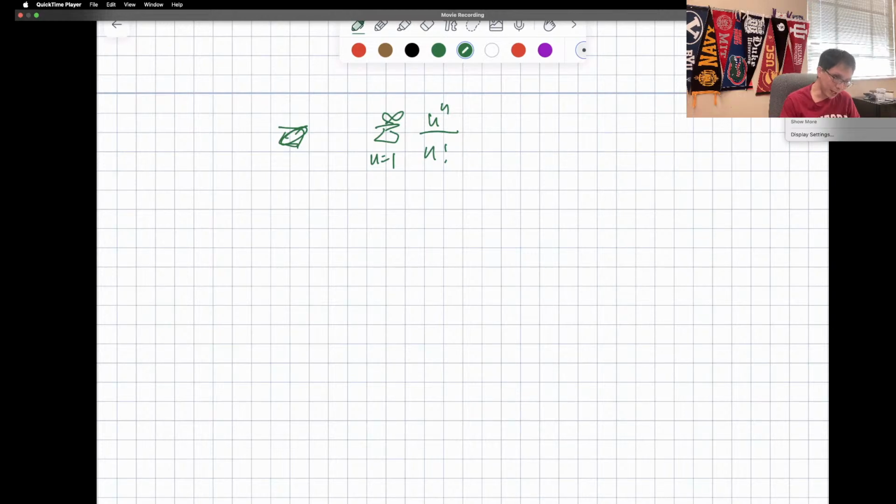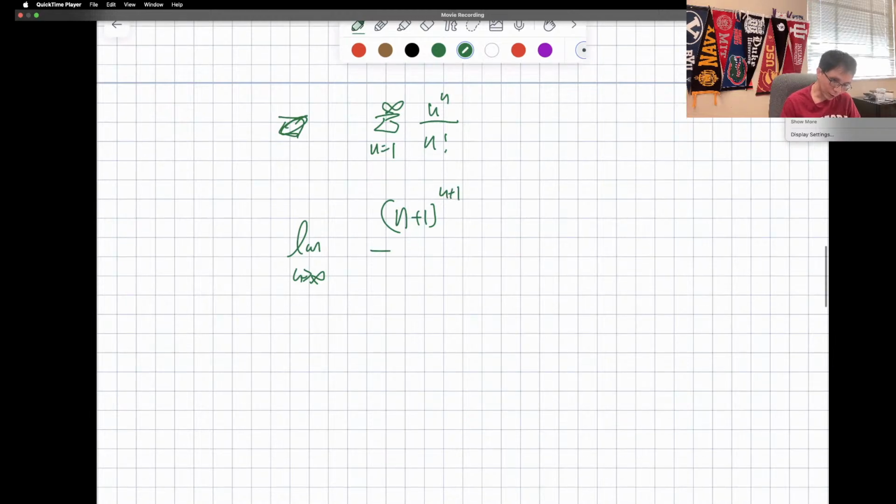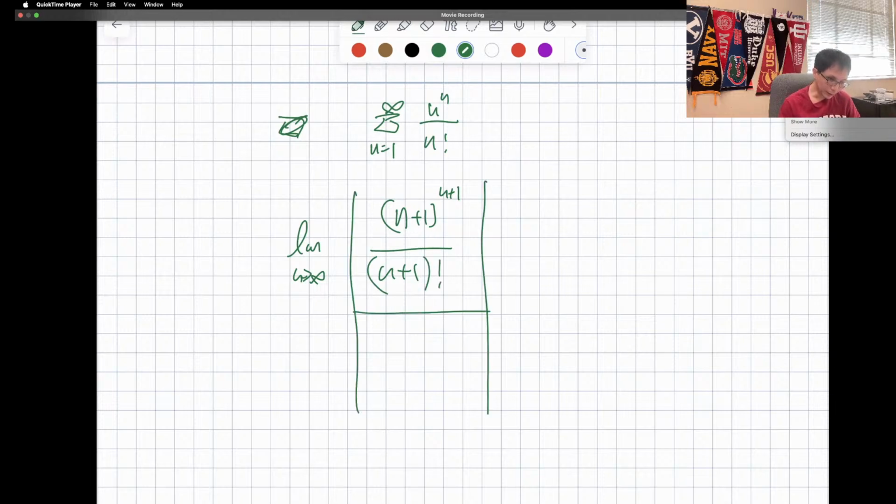So let's just say I have the limit as n approaches infinity of (n plus one) to the n plus one, over (n plus one) factorial, over n to the n over n factorial.